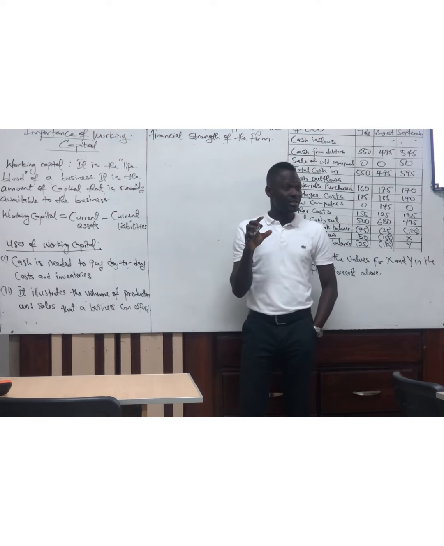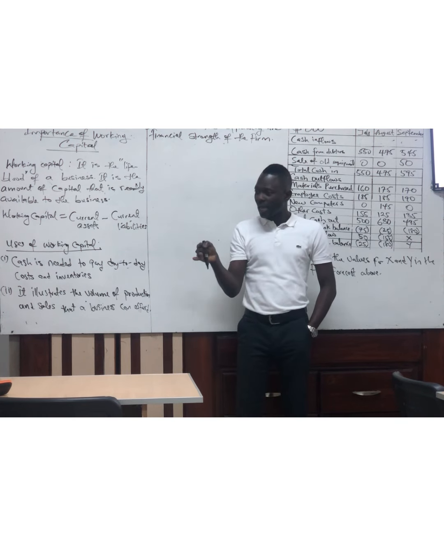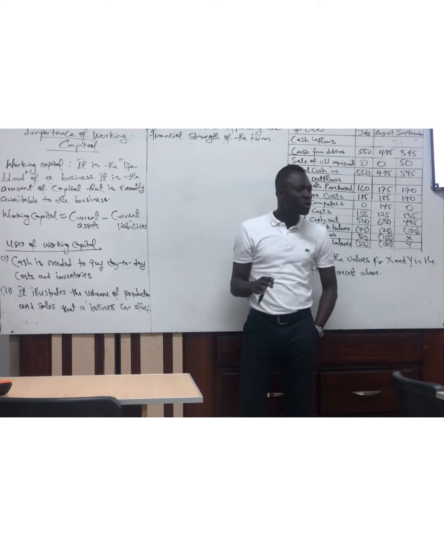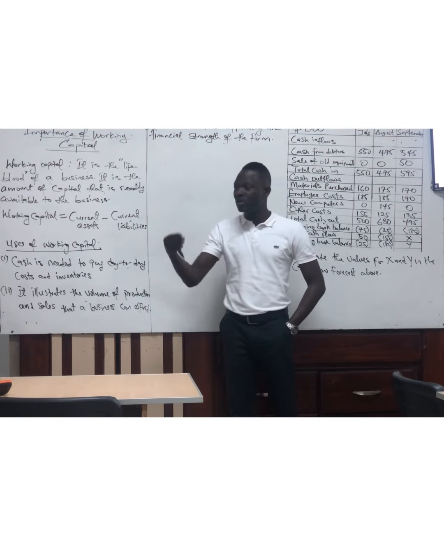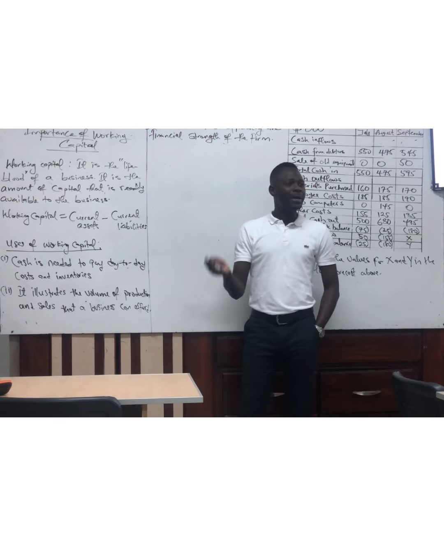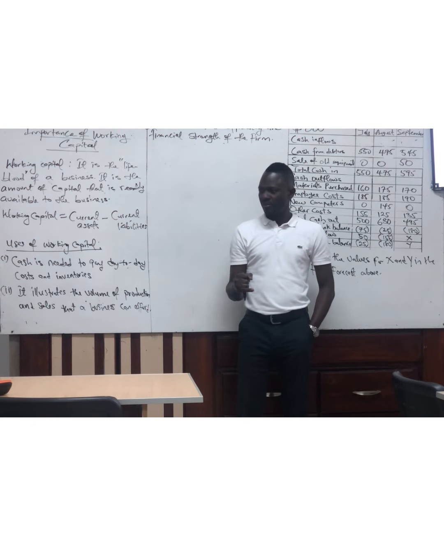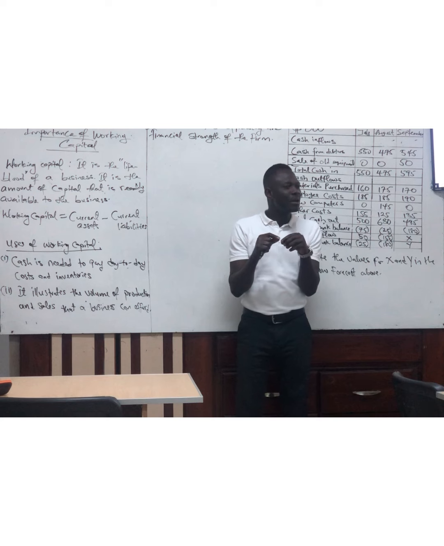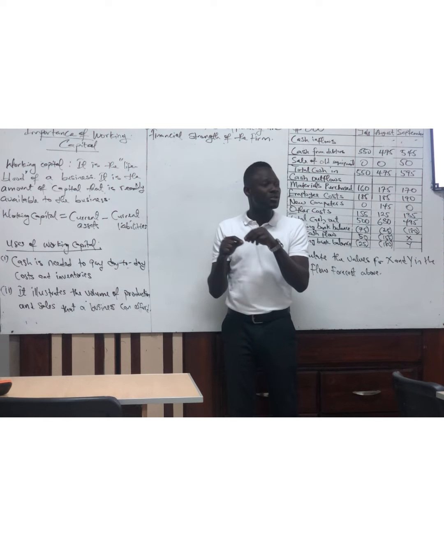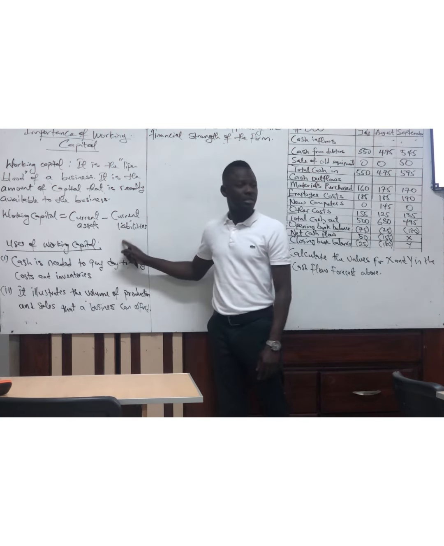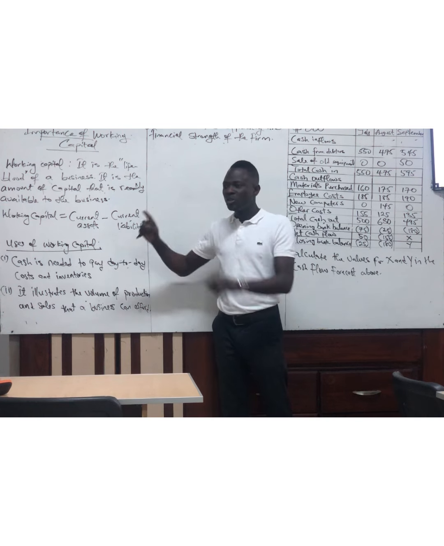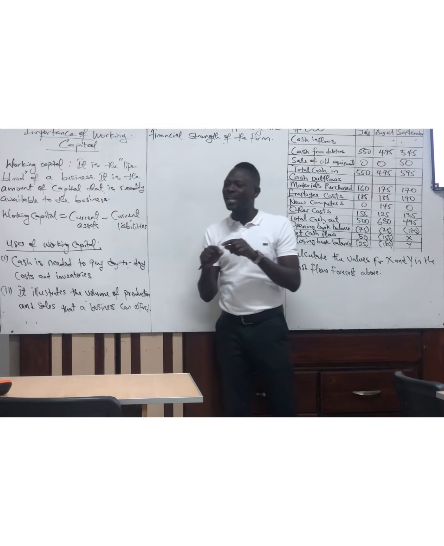Current assets are your stock, your cash, your bank, your debtors, that's your trade accounts receivable. Minus your accounts payable, your bank overdraft, whatever short-term loans and short-term liabilities you have. Those are what we call the current liabilities. Do you understand? Your current assets minus your current liabilities.